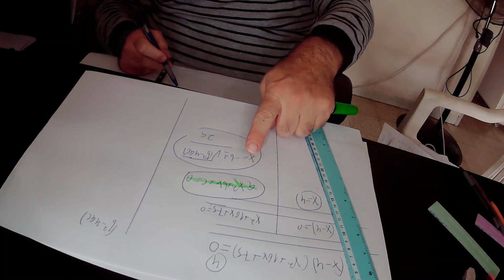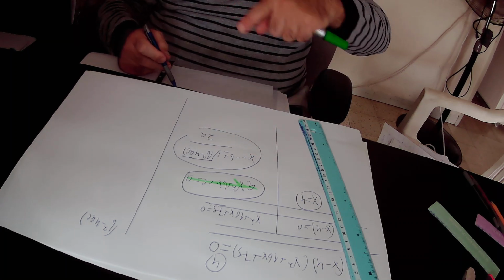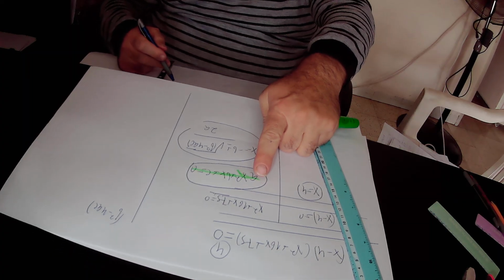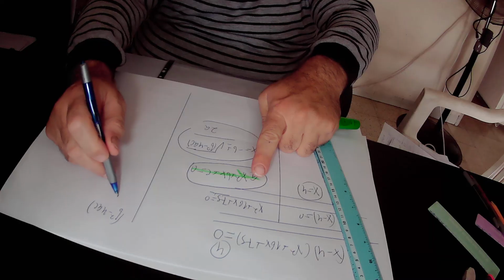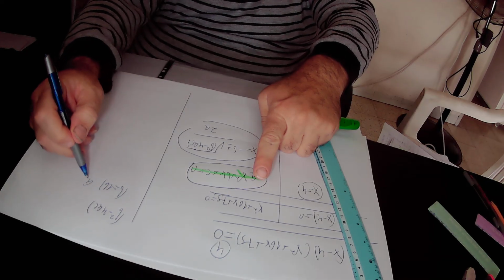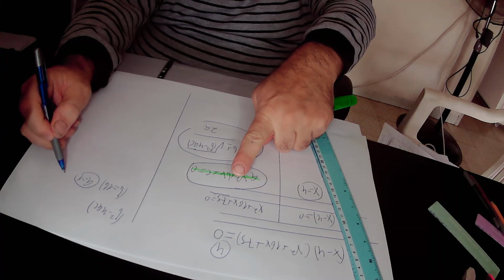I repeat again, a, b, and c are the coefficients of the quadratic equation, and x is the variable that we are looking for. In our specific quadratic equation, the coefficient b equals 16, the coefficient a equals 1, and the coefficient c equals 75.